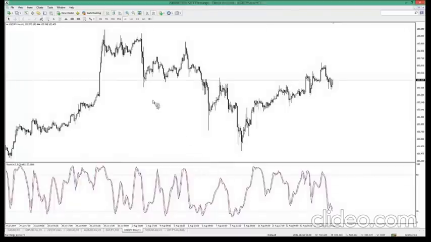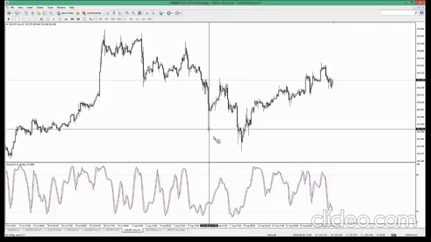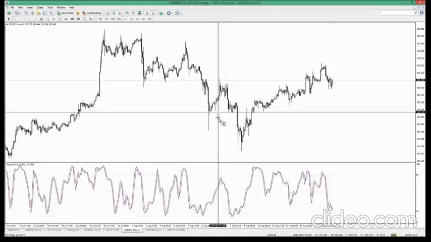I wasn't going to look at that today, but the main thing to take away with this is your trend direction, okay? So use this with your trend direction, and you should find a decent bit of success on it, okay?